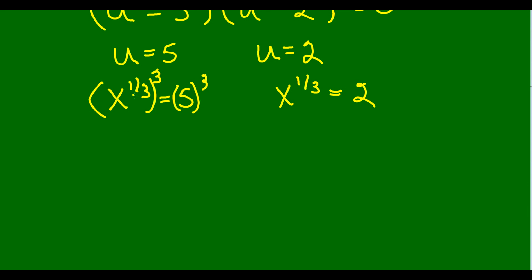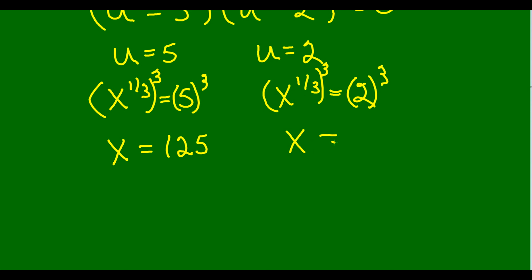Okay, so x to the 1/3 raised to the third power will make this left side just equal x, and the right side will be 125. That's what 5 to the third power is. And on the right side as well, I'm going to raise both sides to the third power. And the left side here is going to be x. That equals 2 to the third, which is 8. And there are my two solutions for that problem.